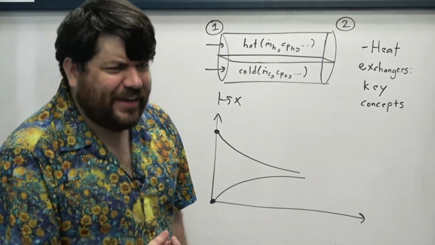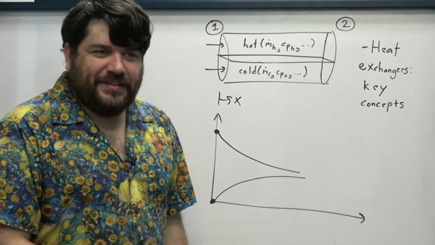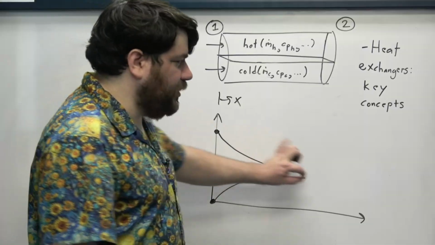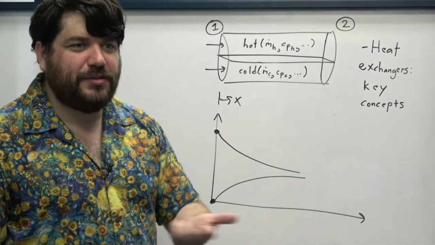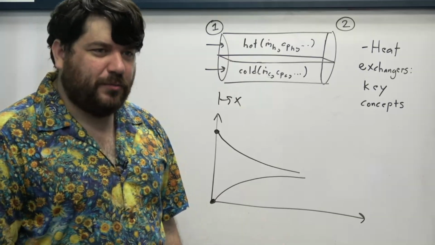I'm not saying that it has to be exactly the average of those two temperatures, just that eventually it equilibrates into a single value, right? And then heat transfer stops occurring. This is the intuitive picture of what would occur.